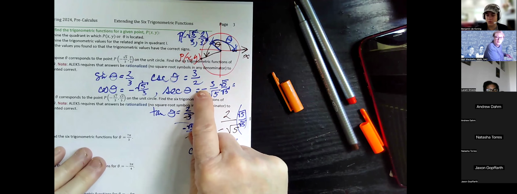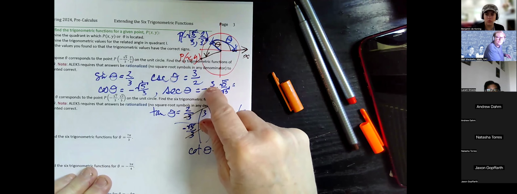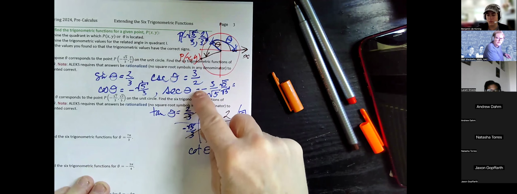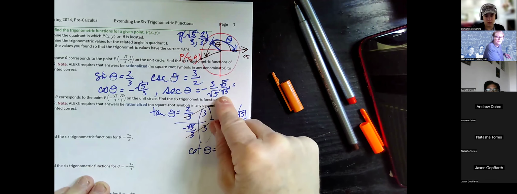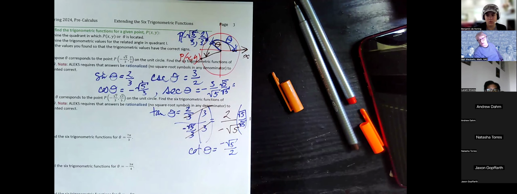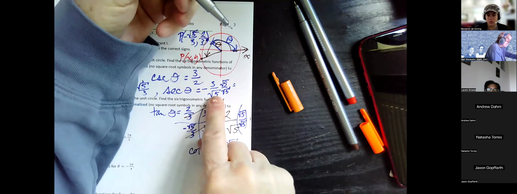If we multiplied by negative square root of 5, we would have negative 3 square root of 5 over negative 5, so the negatives would still divide out. It wouldn't be wrong. It would just be extra. So we're only having to multiply by the square root part.